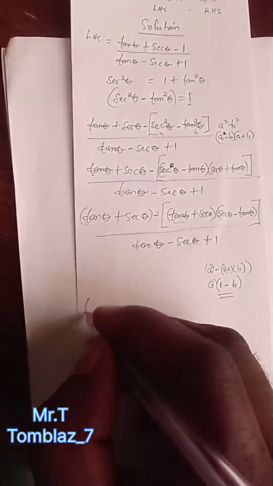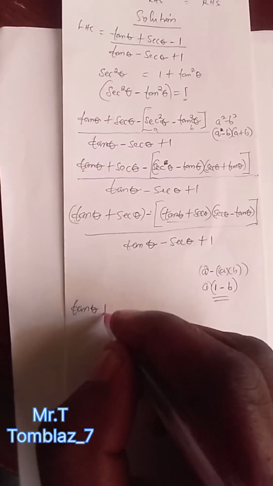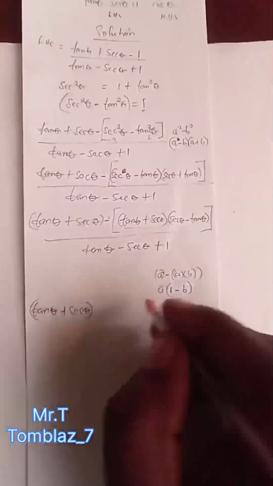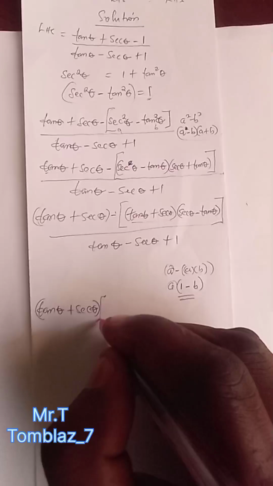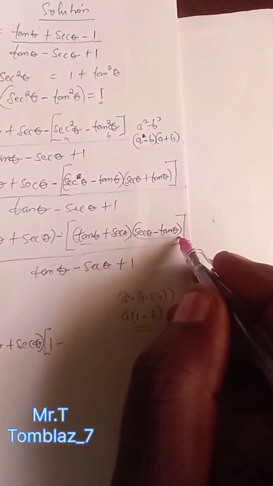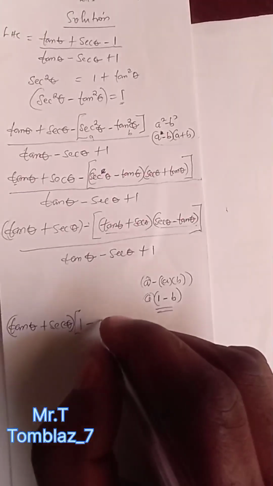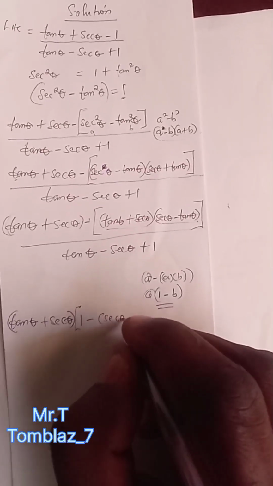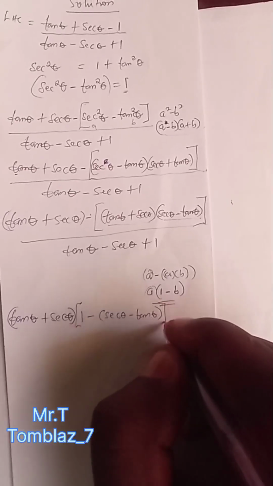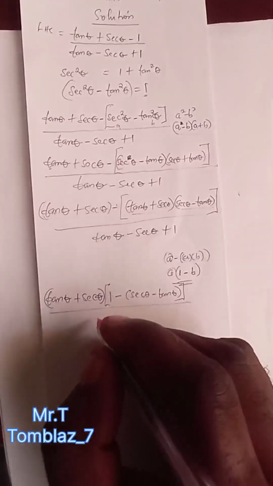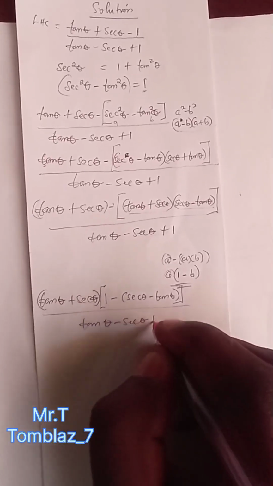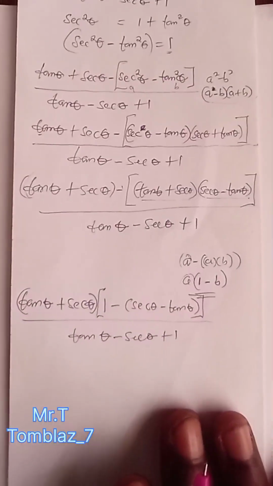So we'll have tan theta plus sec theta outside, then inside 1 minus our b, which gives sec theta minus tan theta. Then you close it, all over tan theta minus sec theta plus 1.